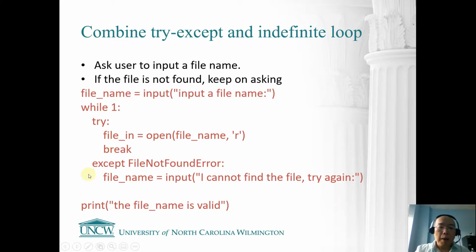Otherwise, I'm going to handle this FileNotFoundError, and I'm going to ask the user to type a file name again. So this iteration is going to continue forever because that is a 1 here, and that 1 will be considered as a true. However, if we are able to hit this break, then this iteration will finish.